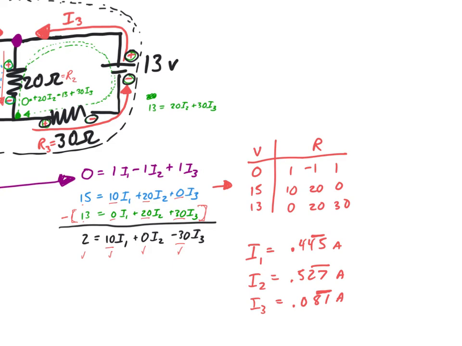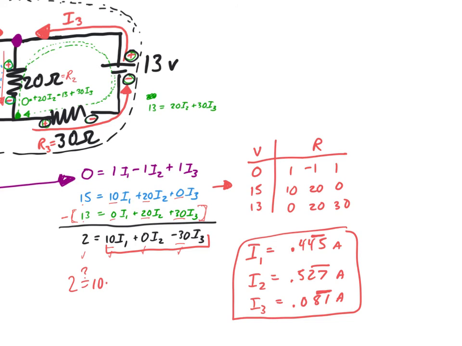Okay. So I'm going to put these values into here, and it should all add up to equal 2. So that'll be 10 times I1 of 0.445 plus, I'm skipping 0 I2, and doing minus 30 multiplied by 0.081.